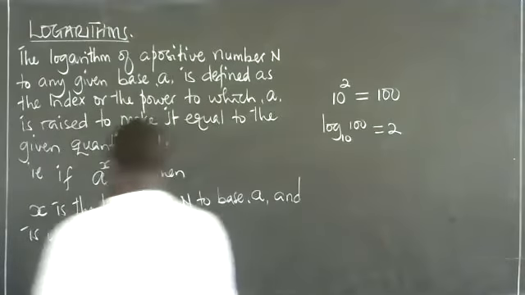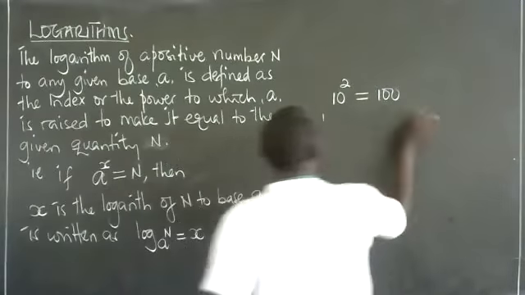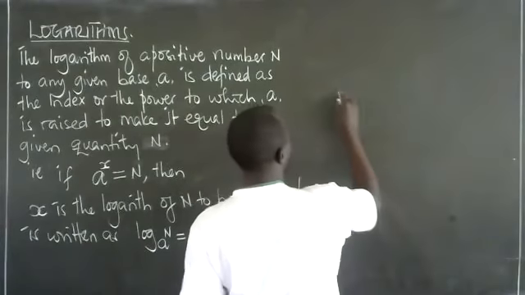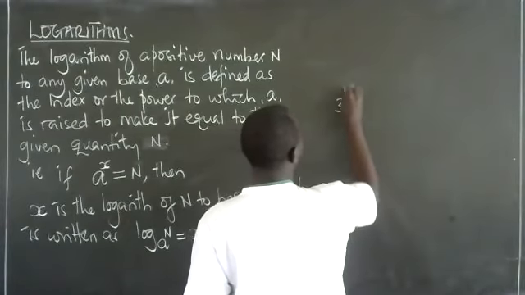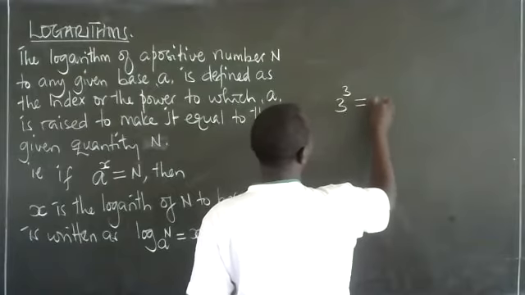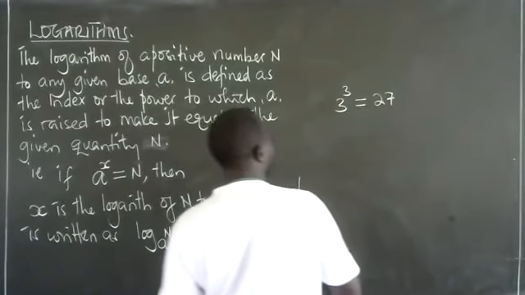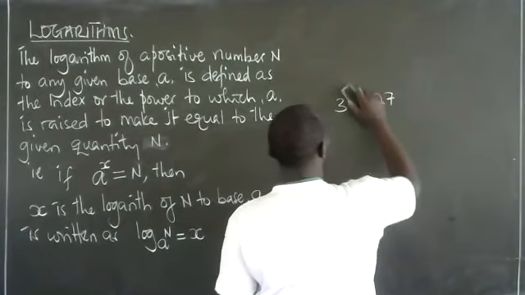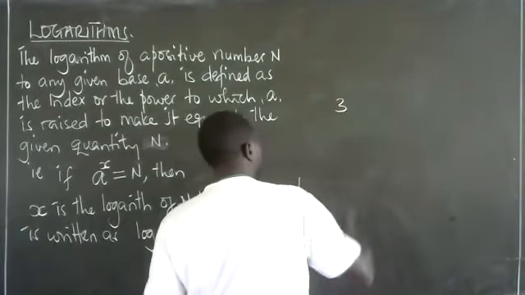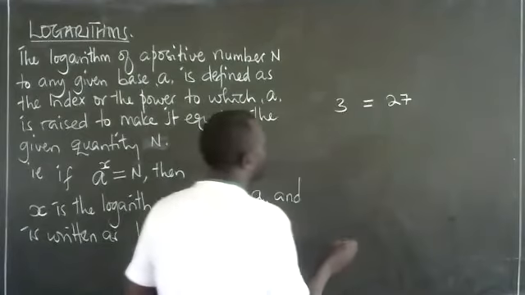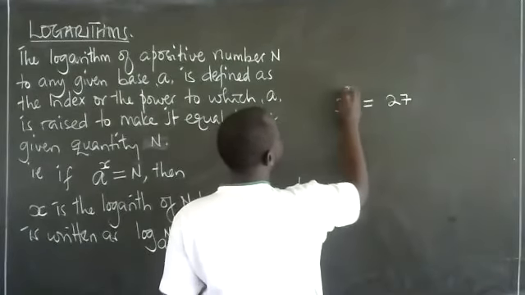Likewise, if you have any other number, for example, we know about 27. 3 power 3 is equal to 27. So we are saying for 3 to be equal to 27, we must raise it to the power 3.